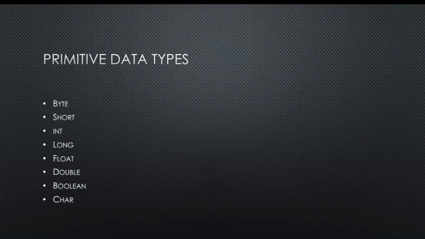Our primitive data types effectively split into different functionality and also different sizes. So functionality would be: byte, short, integer, and long would store a full number without any decimal places. This could be 5, this could be 10, this could be 100 or 100 billion.